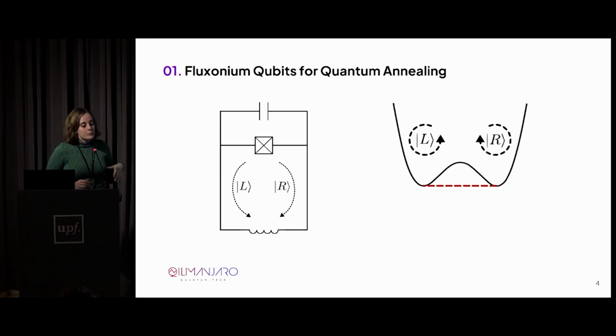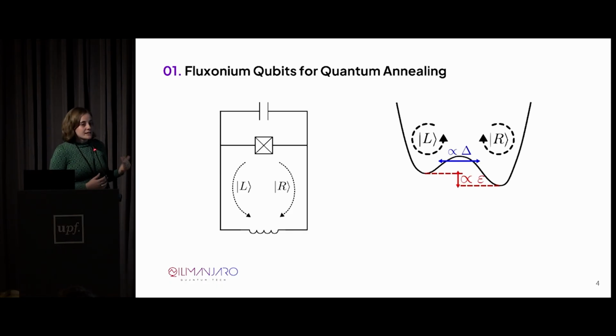Because if we move away from this point, the potential gets tilted, and one of the states becomes more predominant depending on the depth of these wells, until we eventually lose this double well behavior. We usually represent this difference in depth of the wells by an epsilon parameter, and we represent the tunneling between the two wells by this delta parameter that you can see in the diagram.